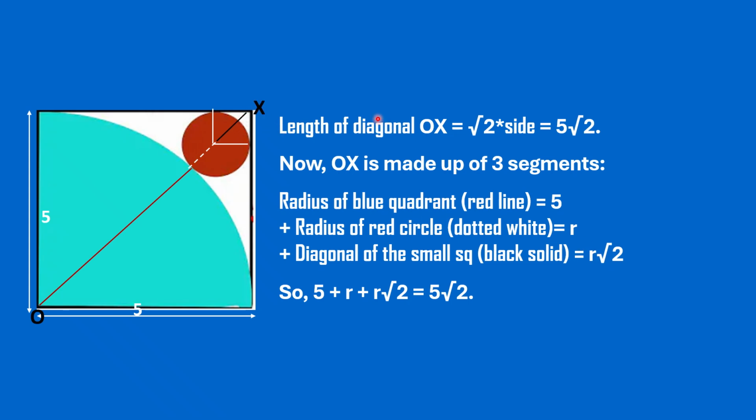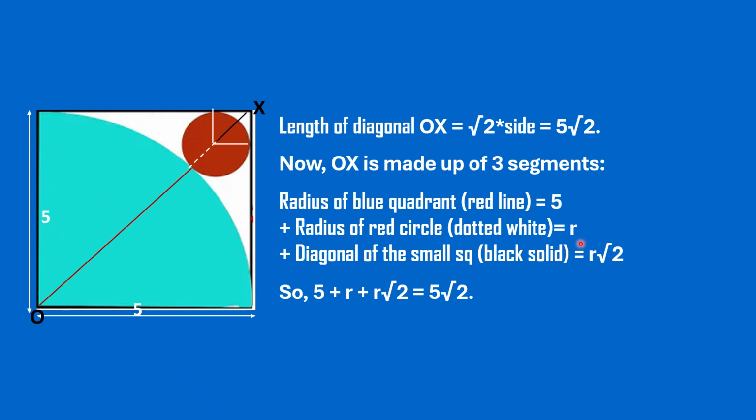So the diagonal OX, which is 5 root 2, is equal to the radius of the quadrant 5, that is the red line, plus the radius of the red circle, that is R, and the diagonal of the small square, the black solid line, which is R root 2.